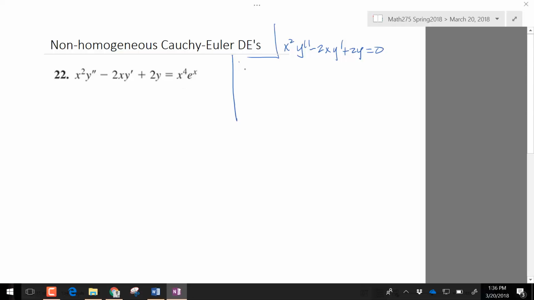We do our potential solutions, and then we plug it in and we get our auxiliary equation.